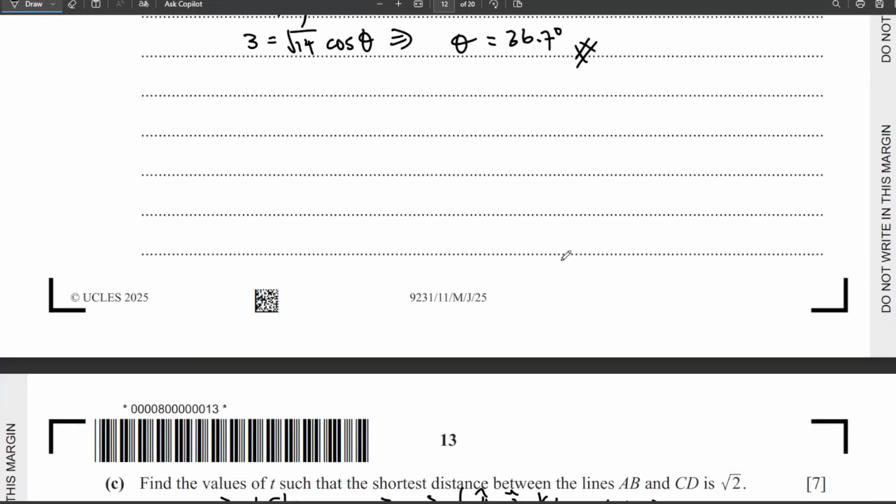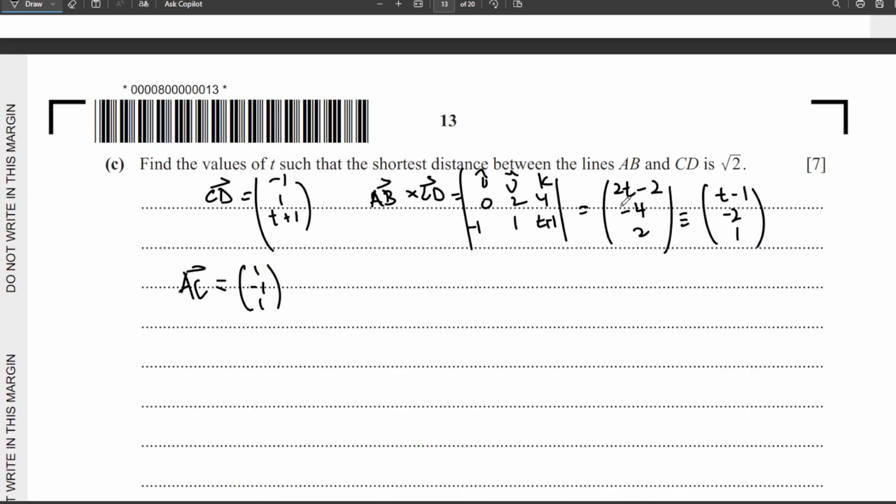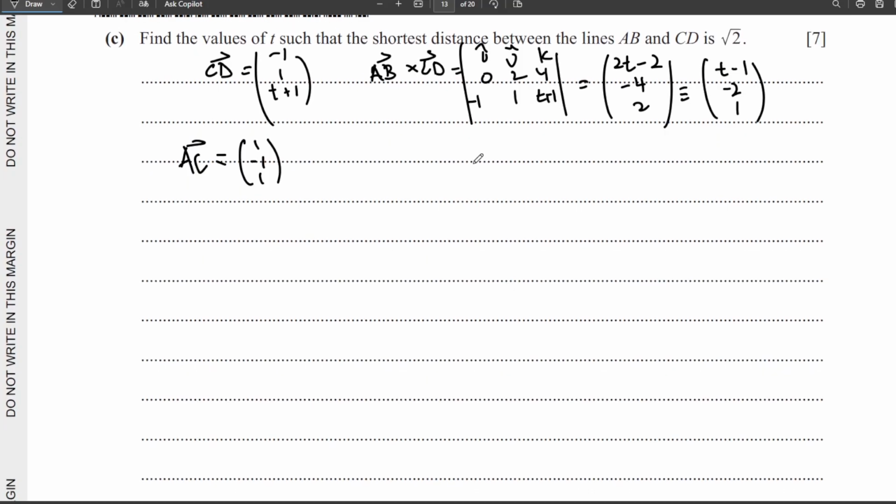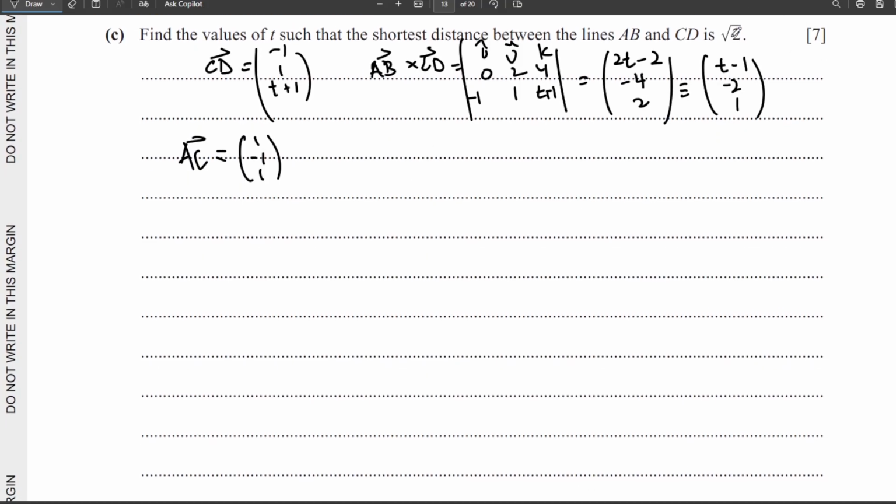When we dot these two, we'll get the contribution of AC to the perpendicular direction, which is the shortest distance. And we want to solve for when the distance is actually square root 2.